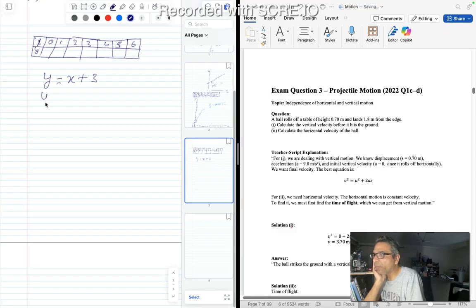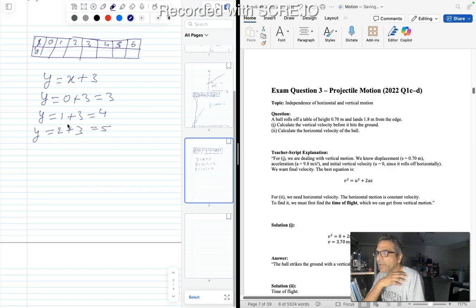I'm just substituting the value of the variable: 0 plus 3, I will get 3. If x is 1, 1 plus 3, I will get 4. If x is 2, 2 plus 3, I will get 5. And this relationship keeps on going.